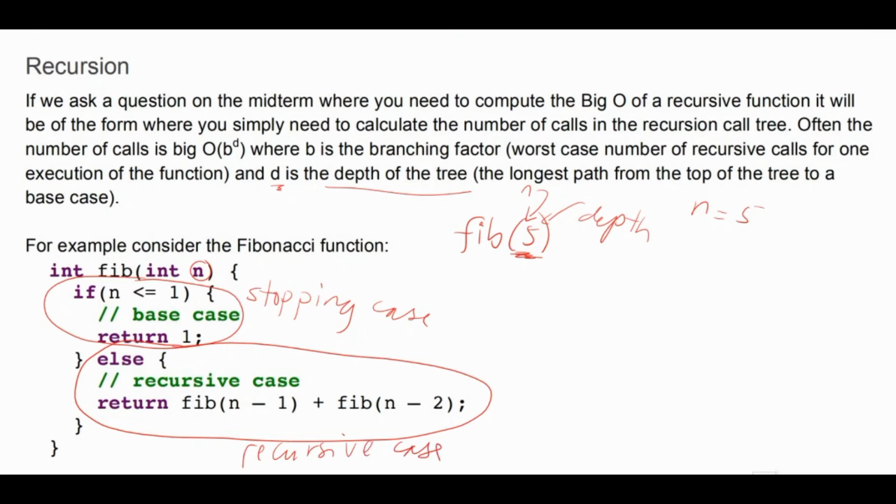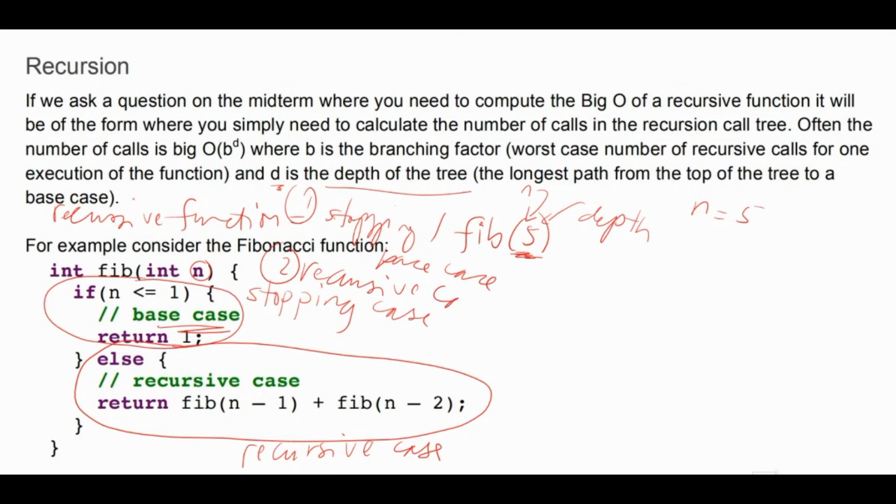Because as we have discussed in our programming subject last year, a recursive function will always have two cases, the stopping case, also called the base case, and the second is the recursive case. The recursive case contains recursive calls. Recursive calls meaning you call the function again.